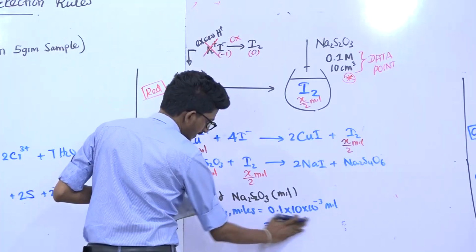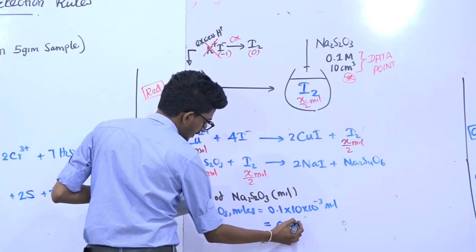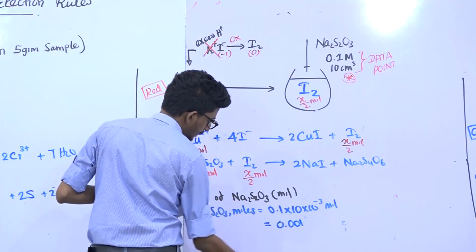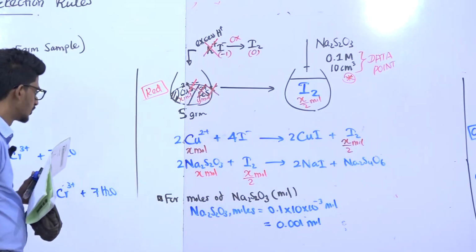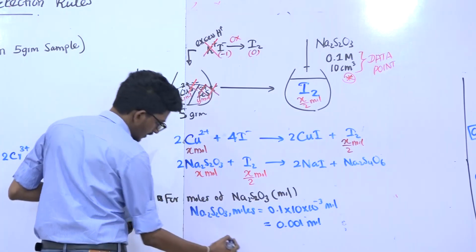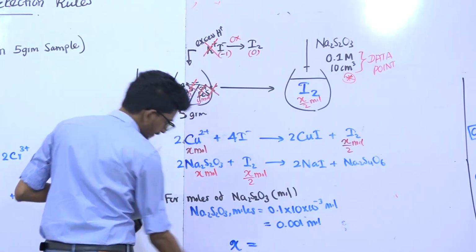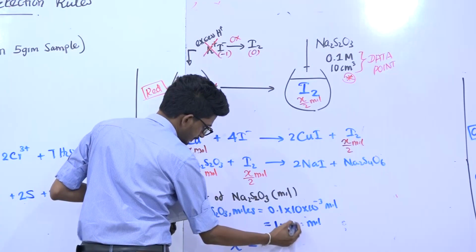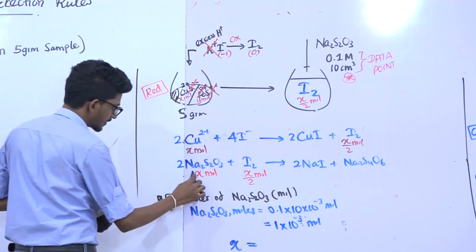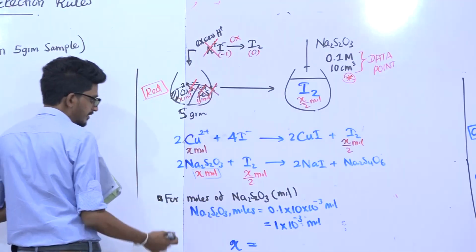That means basically it is 0.001, no? So that is equal to x moles. So x moles is equal to, yeah, we'll write it like this. That is equal to this x, right? Number of moles of solid is equal to x.